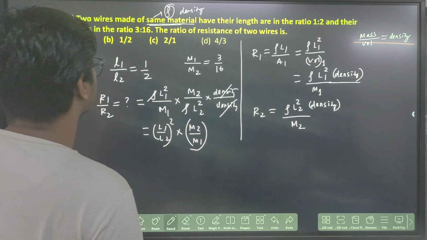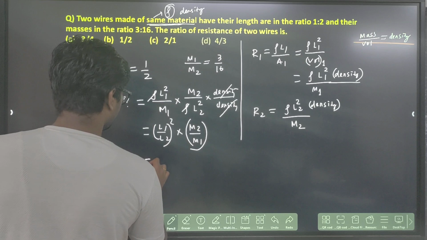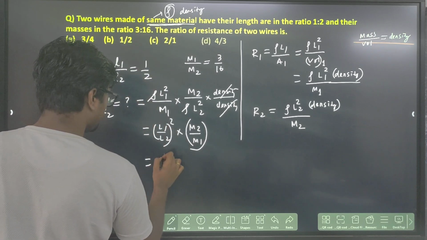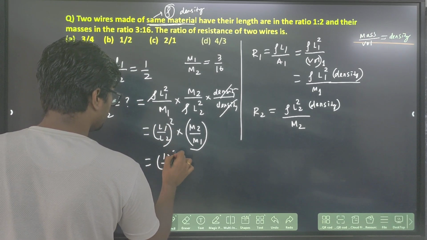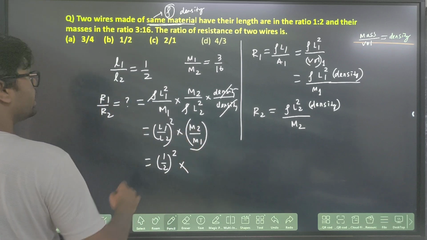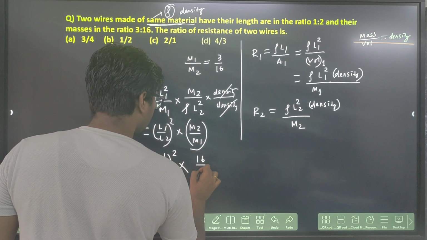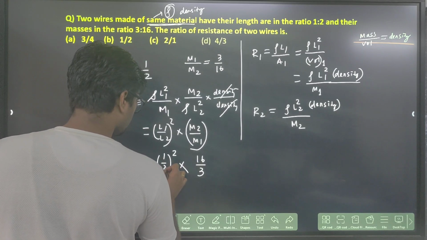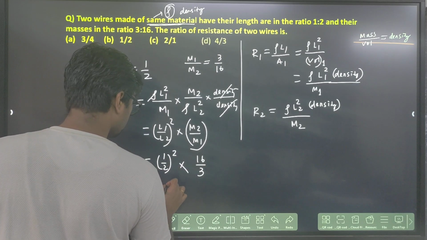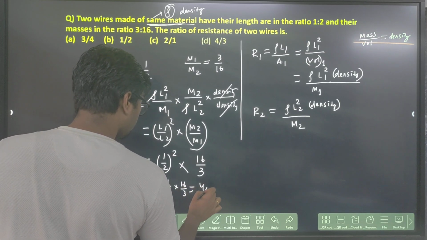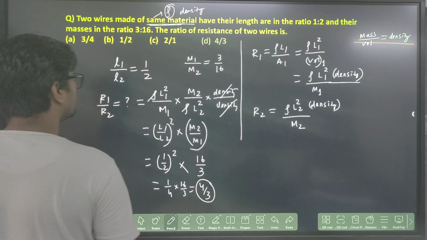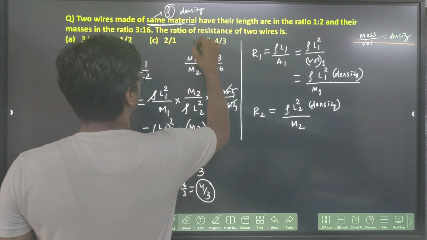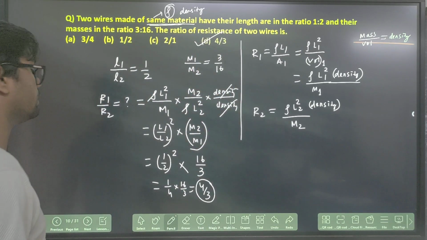Here L1 by L2 is half, so 1 by 2 whole square into M2 by M1, which is 16 by 3. So this is 4, this is 4 and it cancels out, so it is 1 by 4 into 16 by 3, which is 4 by 3. The ratio will be 4 by 3. So option number D is the correct option.